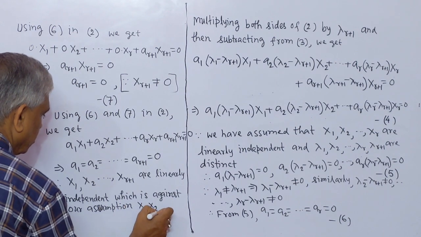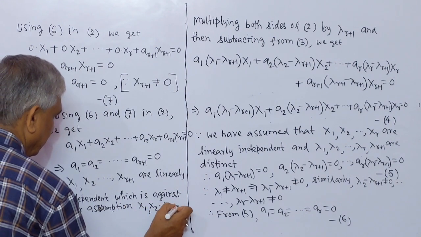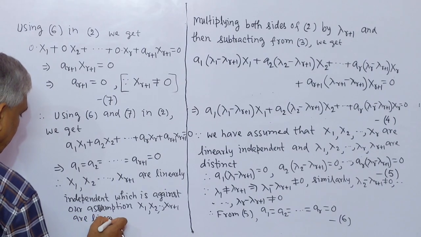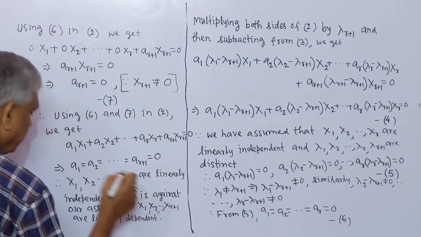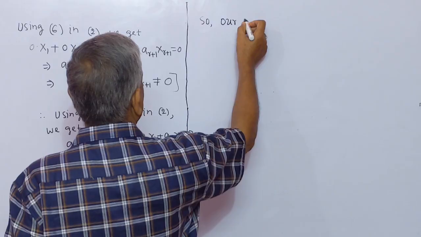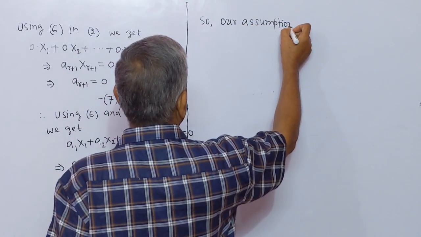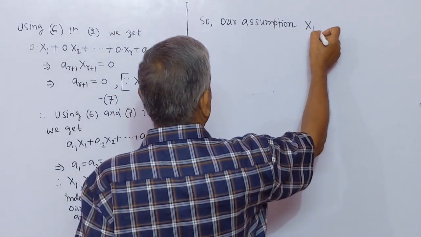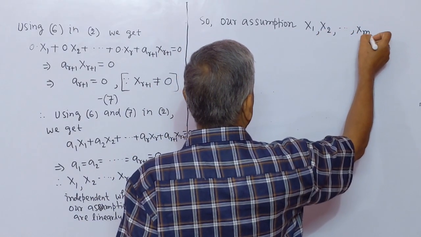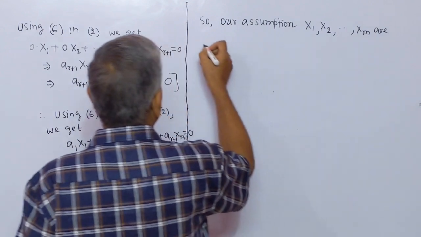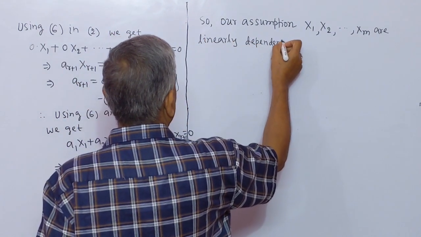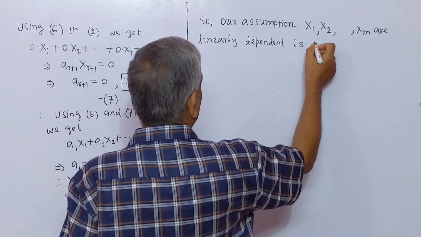x1, x2, ..., x(r+1) are linearly dependent. So, our assumption that x1, x2, ..., xm are linearly dependent is wrong.